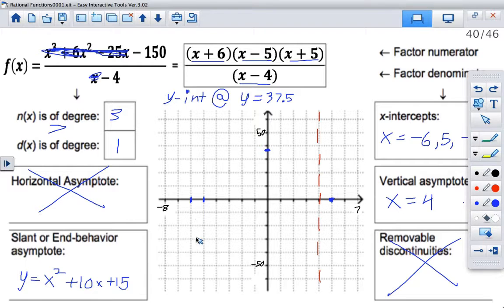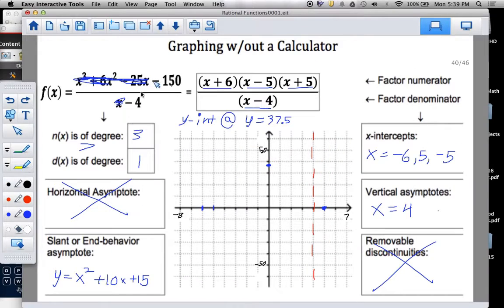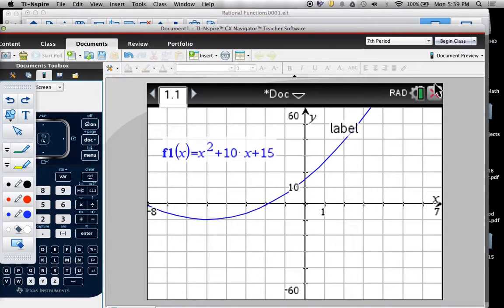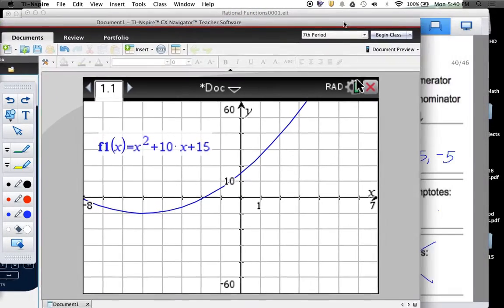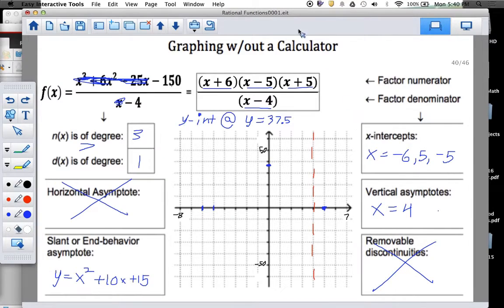Okay, so let's look at our graph that I graphed. Let's see. So here we go. Here's our graph, and it looks like this. Okay, so we're going to have an intercept here, here, and it's going to kind of go like this. Okay, let's see if I can duplicate it super quickly.